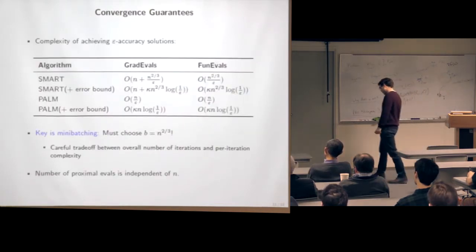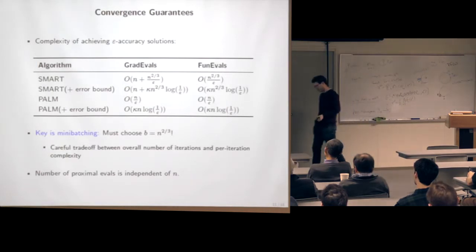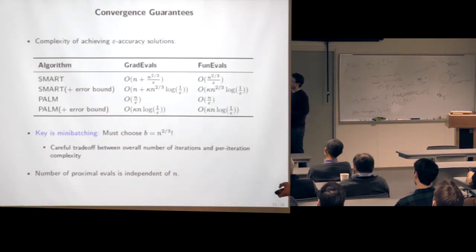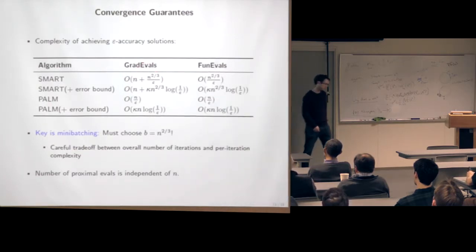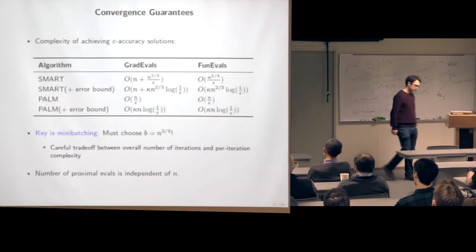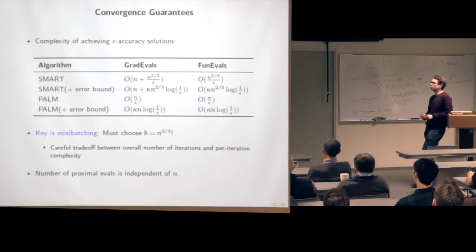Okay, so this is really the innovation of the algorithm, besides the fact that it's the first stochastic gradient method. The innovation of the algorithm is the fact that there's an n to the 2/3 dependence over epsilon. I didn't say this before, but typical methods that use a full gradient at every iteration have a dependence on n in terms of the number of gradient evaluations.